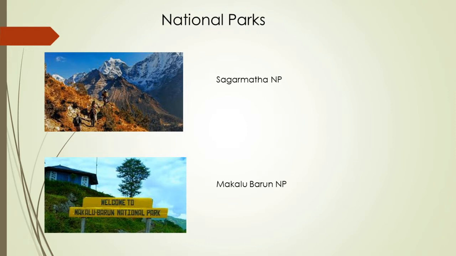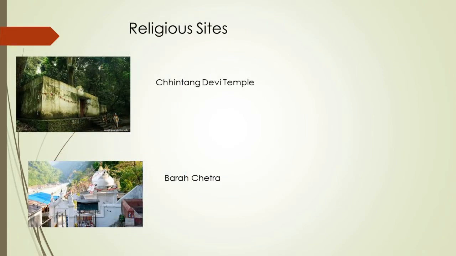The next thing is some of the important religious places in Nepal. There are so many religious places, and thousands of pilgrims from Nepal and India travel from different parts of the country and abroad to visit them for religious purposes.